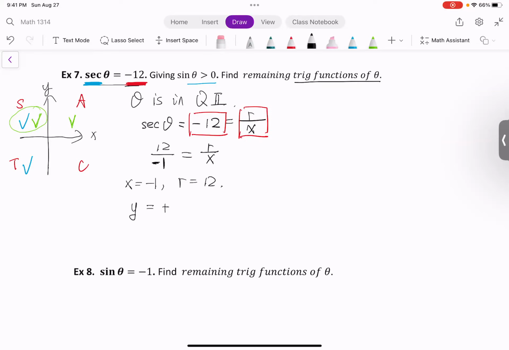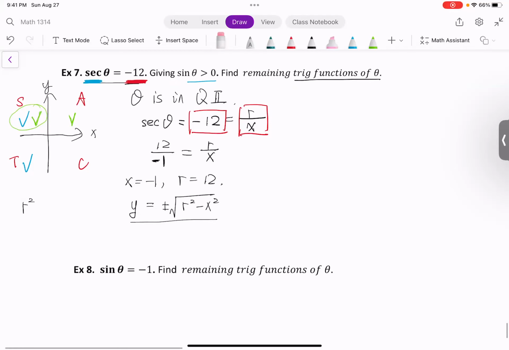So y equals positive or negative square root of r squared minus x squared. Put the x and r inside. If you don't know how I get this, you must know that r equals square root of x squared plus y squared.